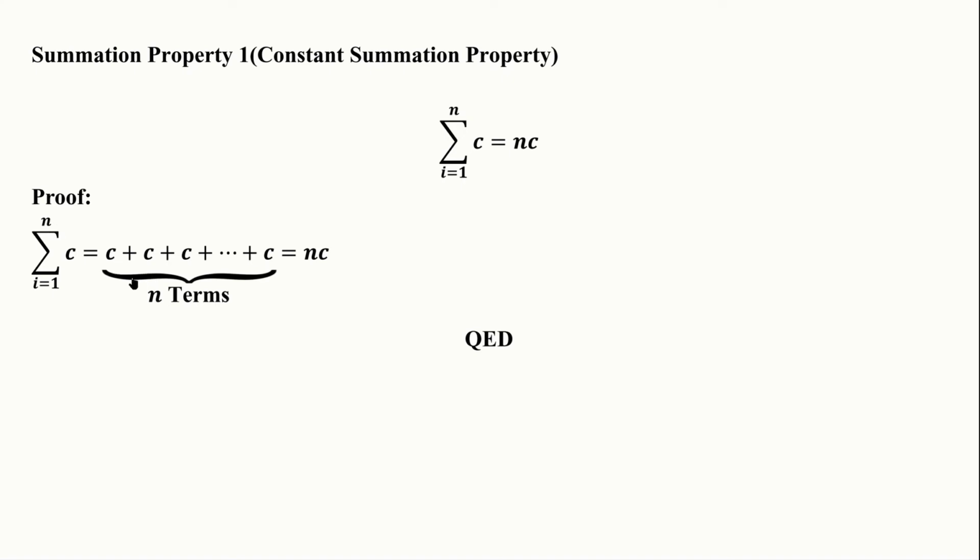So what is that in terms of c? Well, that's just going to be n times c, right? Like for example, if you have 2 plus 2 plus 2 plus 2 plus 2, that's how many what? That's 5 2s. So how can you figure that out? You can just go 5 times 2. That's the definition of multiplication, isn't it? That's all we're talking about here.